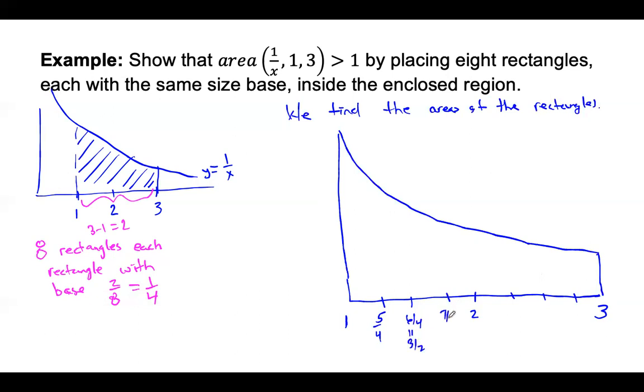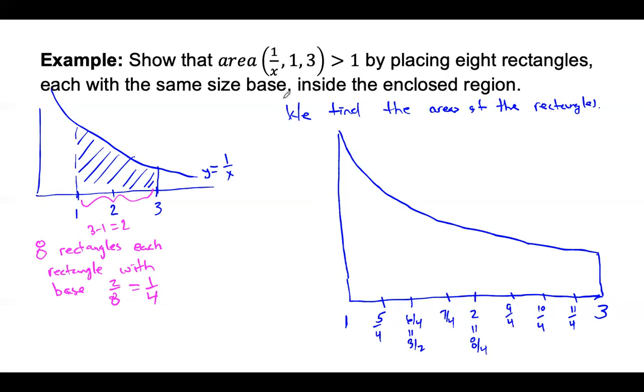This is 7/4. 2 is the same as 8/4. 9/4, 10/4, 11/4. So we have 8 equal parts. So you just basically divide that area into 8 rectangles in a sense.